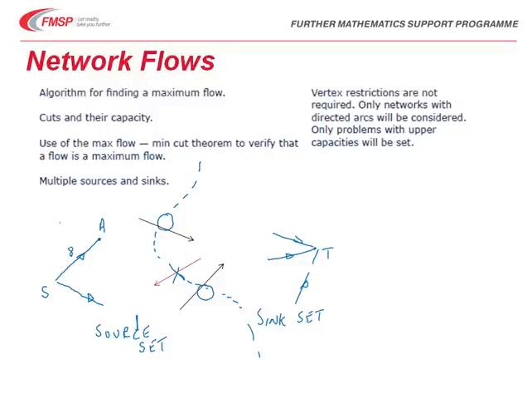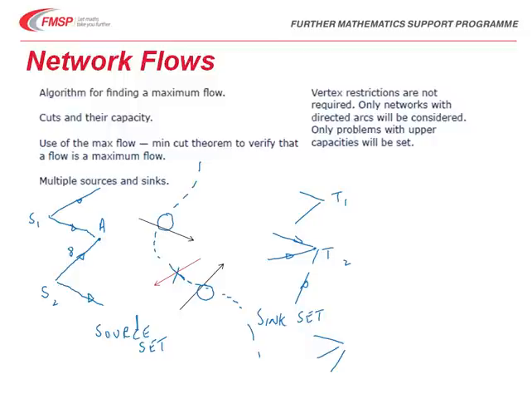If there are multiple sources, so for example if we had another source coming into A and perhaps going off somewhere else, let's call these S1 and S2, and likewise there might be multiple sinks, so T1, T2, possibly T3 even.